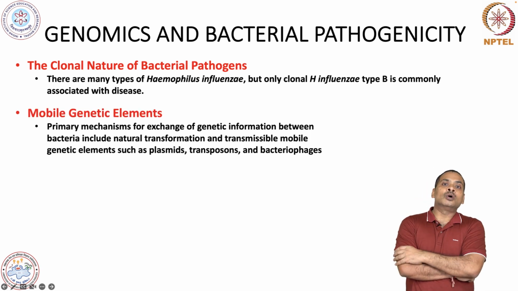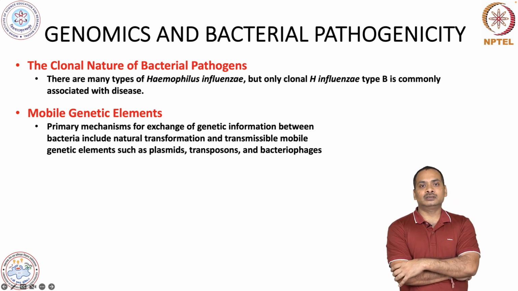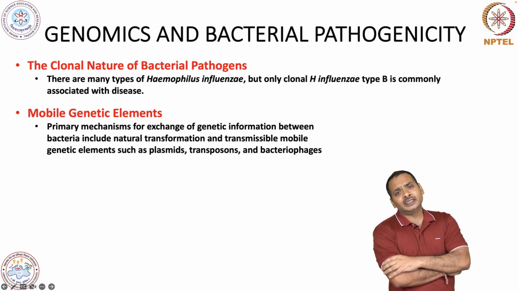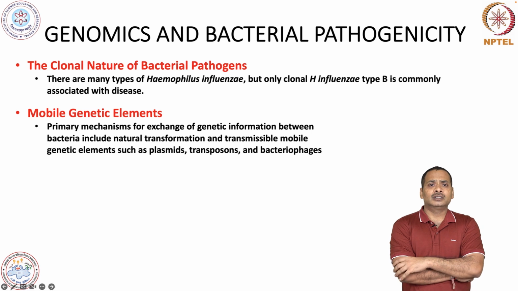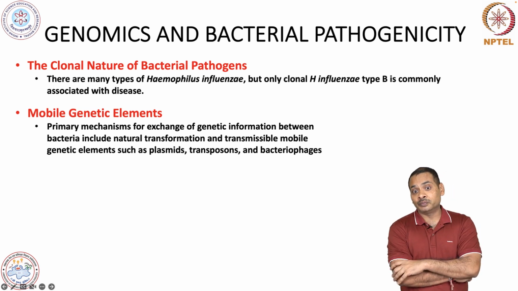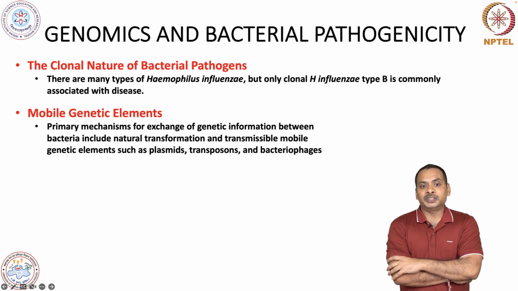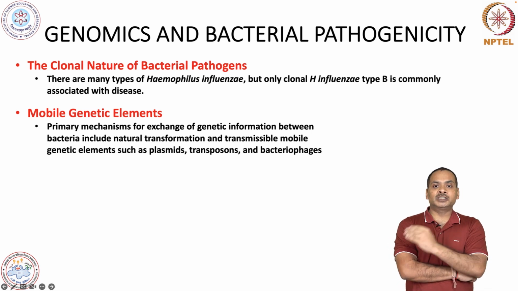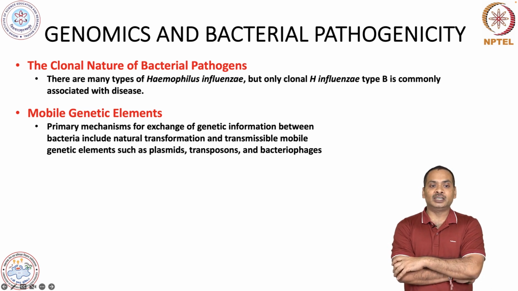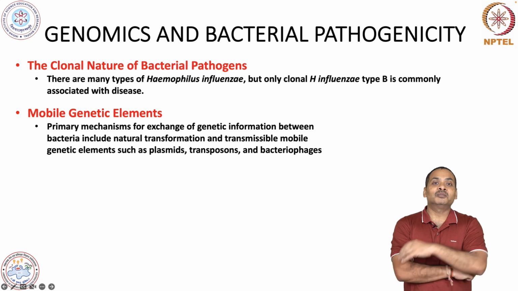There is a mobile genetic element, and this mobile genetic element is basically the primary mechanism for exchange of genetic information between bacteria, including natural transformation and transmissible mobile genetic elements such as plasmids.